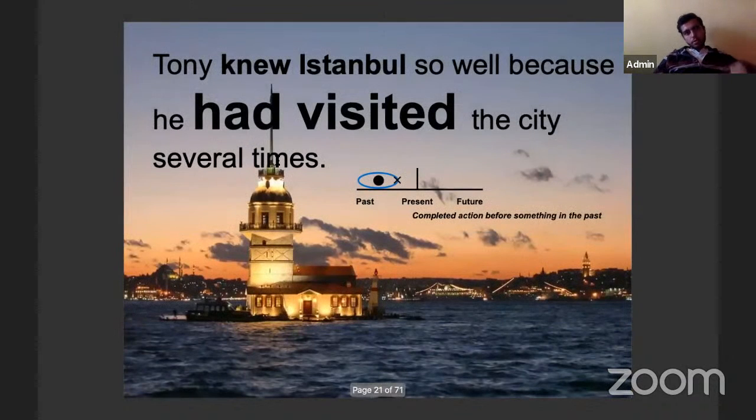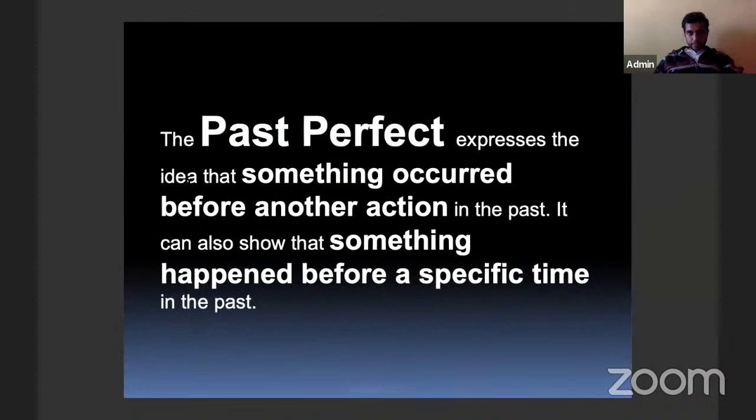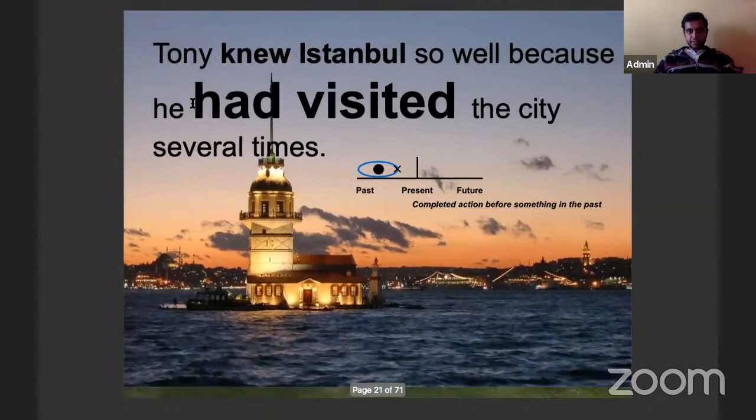Tony went to Istanbul several times before he knew Istanbul very well. So knowing Istanbul well is the second thing which happened after the first thing, which was visiting the city several times. So past perfect, had visited.